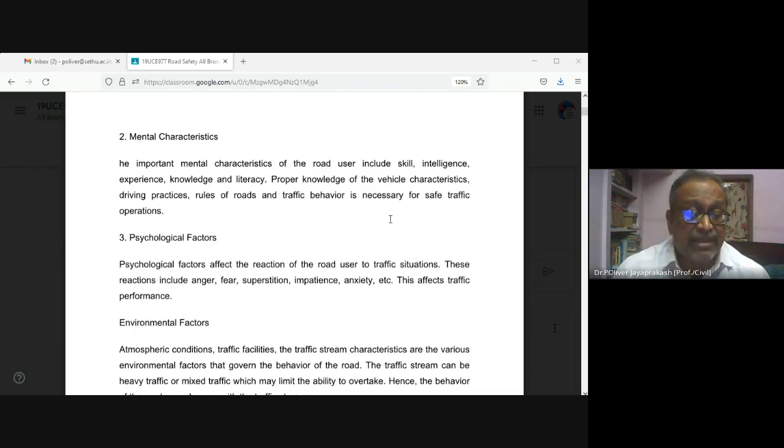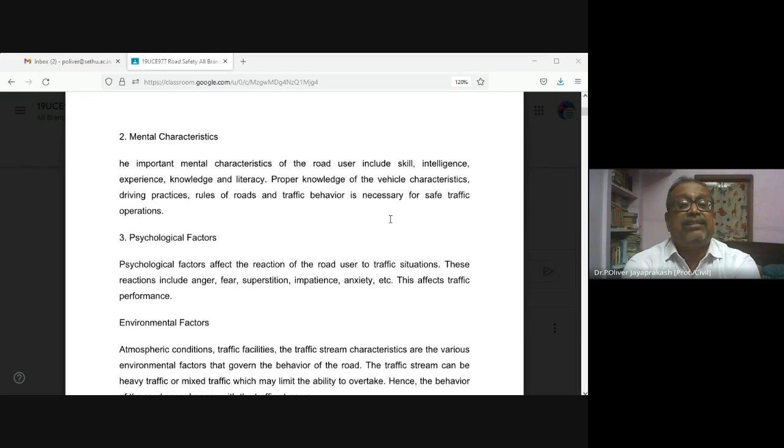Second, the mental characteristics, that include your skills, intelligence, knowledge, and experience, the level of literacy you have, and the idea about your vehicle characteristics, driving practices, the knowledge of the rules of the road and traffic behaviors, and the traffic system management implemented, whether it's a one-way system, or no right turn, or left turn is there. All this knowledge will constitute your mental characteristics.